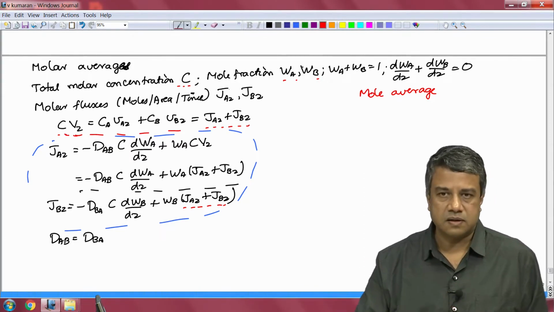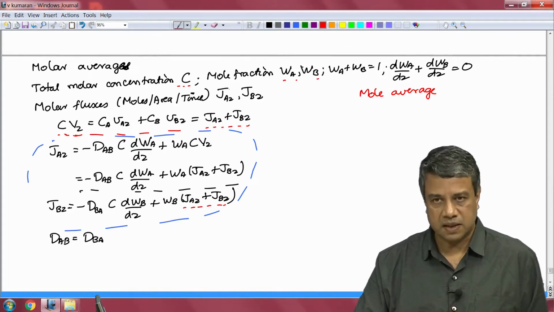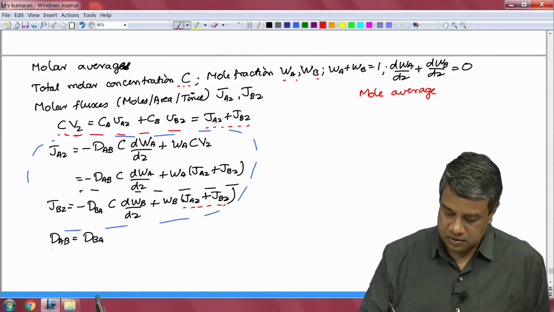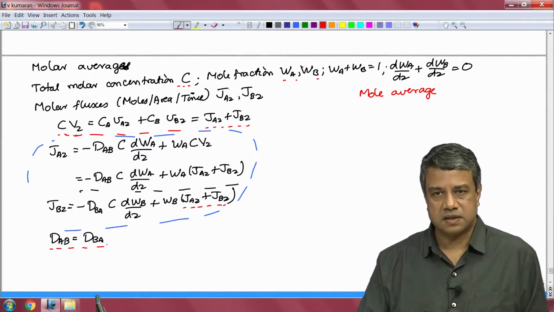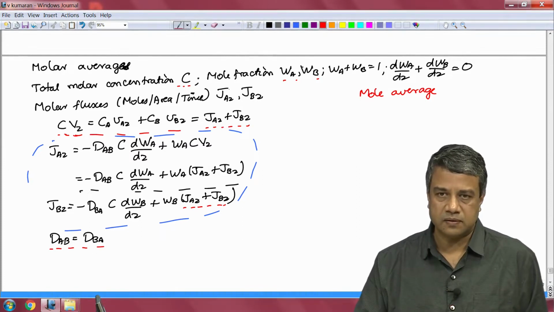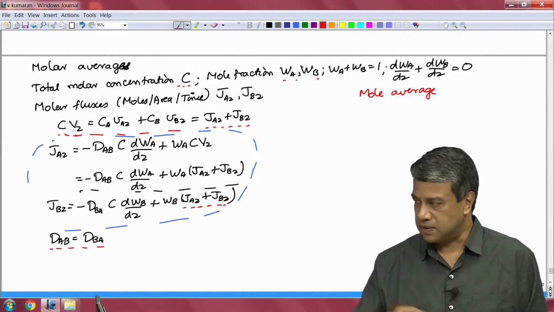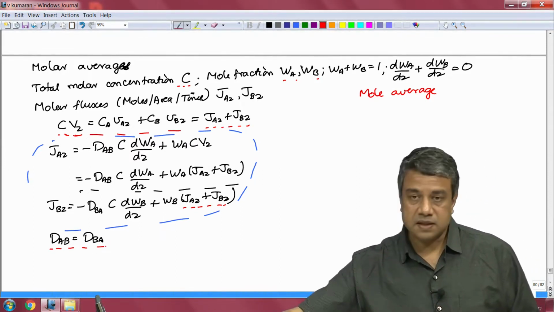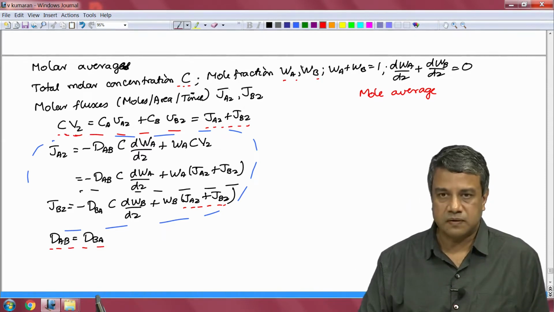And then you get constitutive relations that are very similar to what we had earlier for the mass average quantities. And you can once again show that the diffusion coefficients are symmetric, dAB is equal to dBA in this case as well. So, that is the modification that one has to make for binary diffusion.